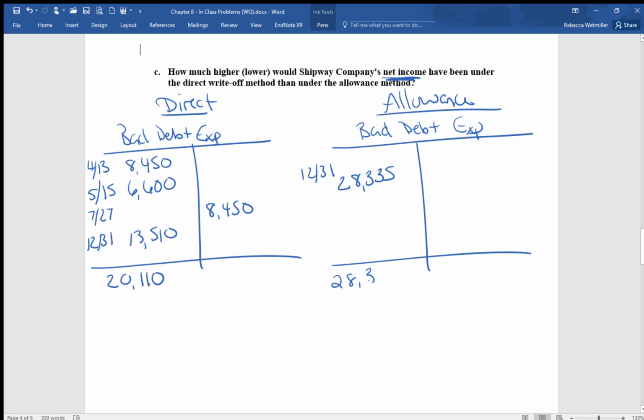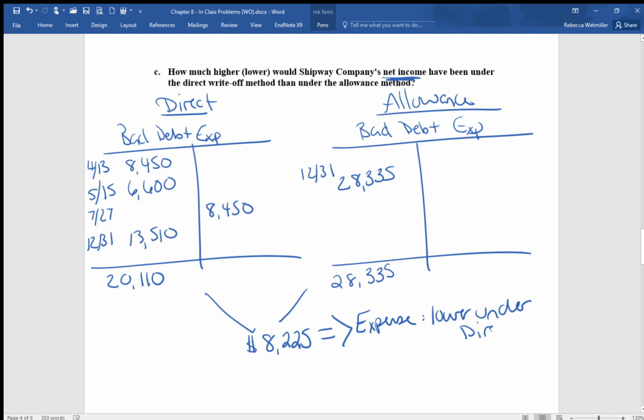So the difference between those two is 8,225. So we can see that the expense is lower under direct in this case. So in that case, our net operating income will be higher under the direct method.